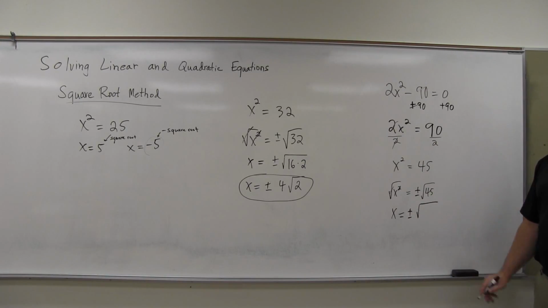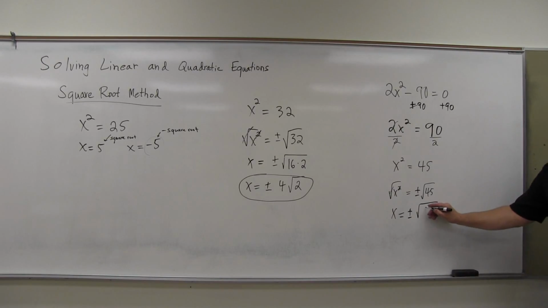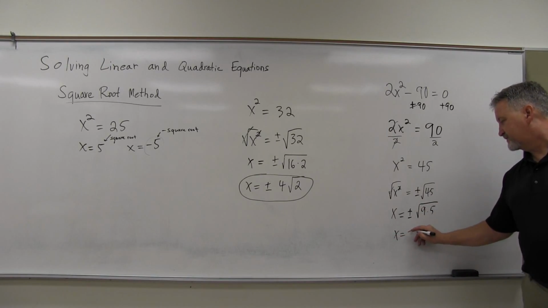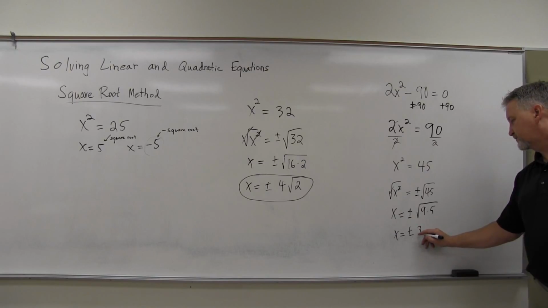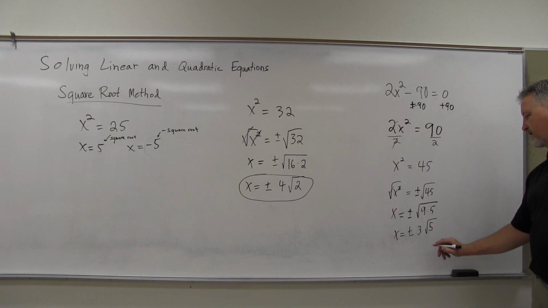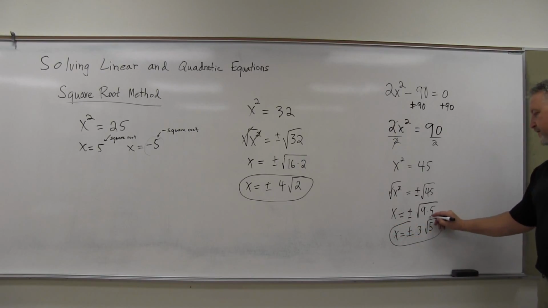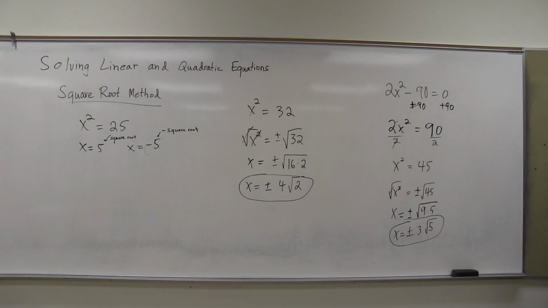Look for perfect square factors. 4 is not, but 9 is a factor there, so I think that will work. So it'd be plus or minus the square root of 9, which is 3, and then the square root of 5. Okay? Plus or minus 3 times the square root of 5.